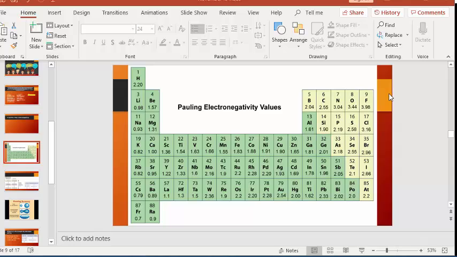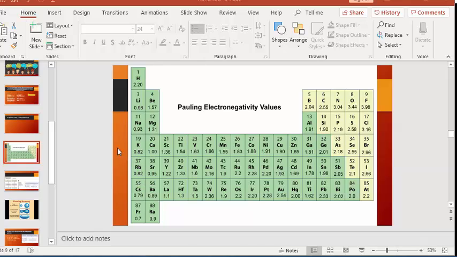Just like we learned when we looked at the periodic trends, the electronegativity values increase as we move across the periodic table, and as we move down the periodic table, they decrease. The decrease has to do with the distance between where the electrons are and the nucleus. When we move down and increase our energy level, we're further away from the nucleus, and we see that decline.